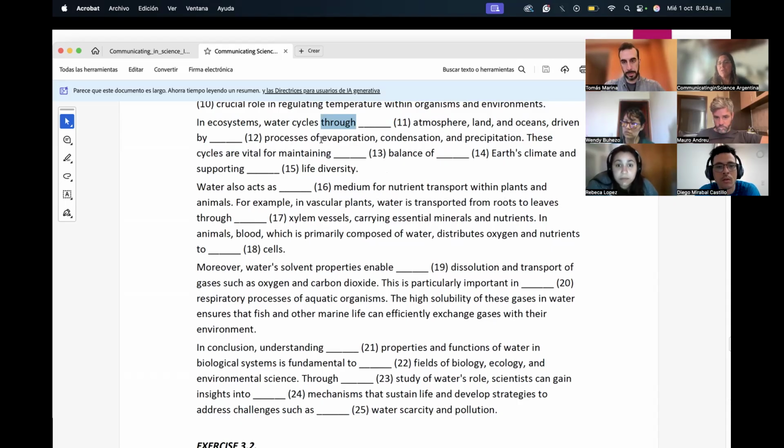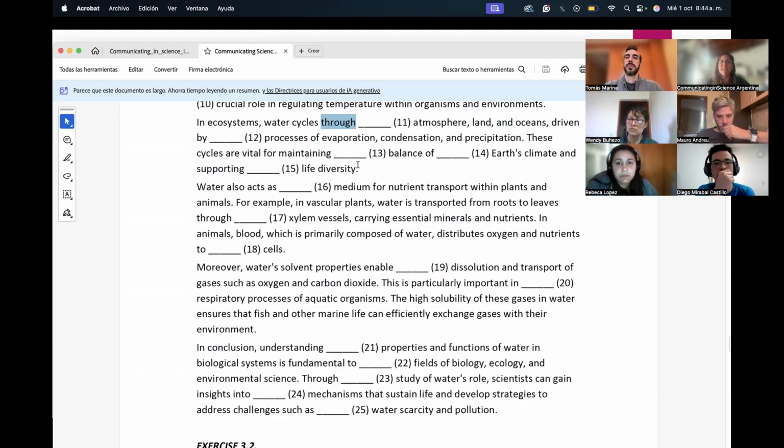Okay, yes. Driven by the processes of evaporation, condensation, and precipitation. These cycles are vital for maintaining a balance of the Earth's climate. No, not a balance. You could, depending on how the sentence follows, use a balance between two things, perfect.